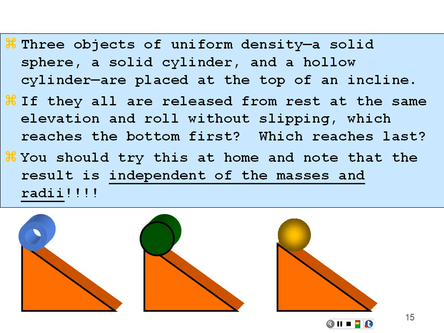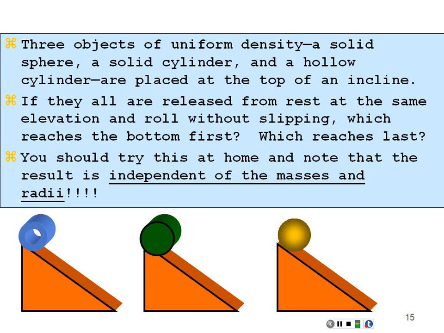So they're going to start with the same potential energy. They're going to go down this incline. Which one's going to win? Well, there's 2 ways you can think about this. So we want to think about this before we do it. The moment of inertia of a hoop is twice the moment of inertia, at least around the center of mass, of the cylinder. So this is greater than the moment of inertia of this.